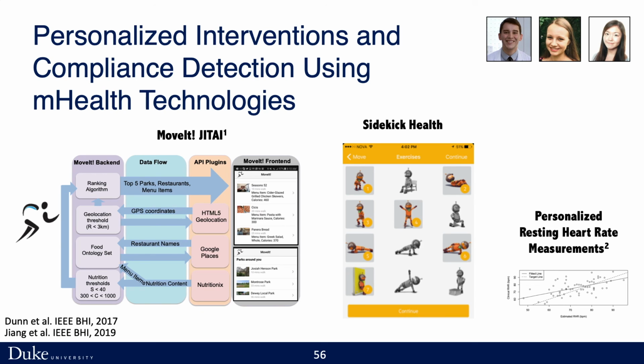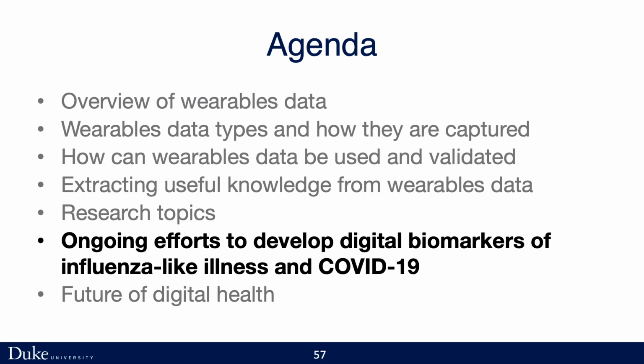So with that, I want to switch gears and talk more about some of the ongoing efforts to develop digital biomarkers of influenza-like illnesses and COVID-19, because I think this work is particularly relevant in today's world. This work has been going on simultaneously.